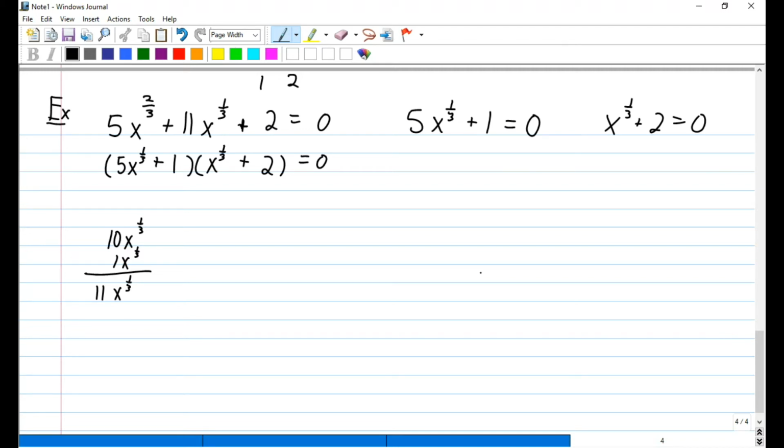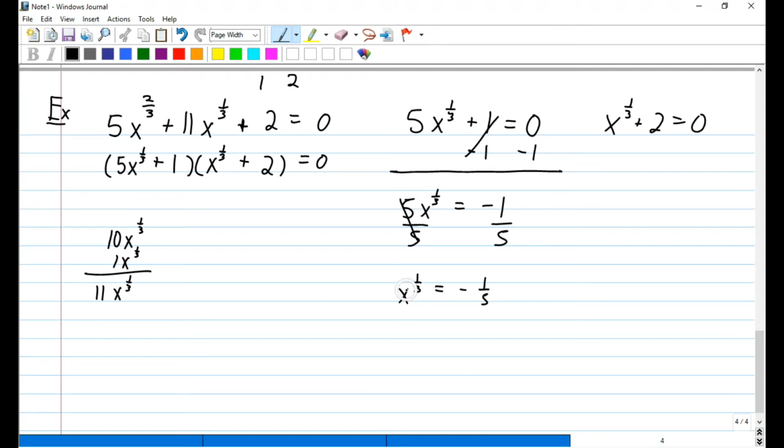Let's see what we get. So minus 1, minus 1. So 5x to the 1/3 equals -1. Divide by 5, divide by 5. So I have x to the 1/3 equals -1/5.